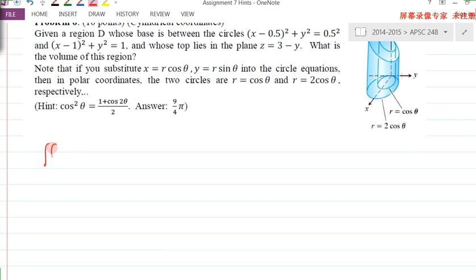So finding volume is this, but we're using cylindrical coordinates to evaluate the volume. Then dV becomes r dr d theta. So we're going to evaluate with respect to z first, then r dr d theta.